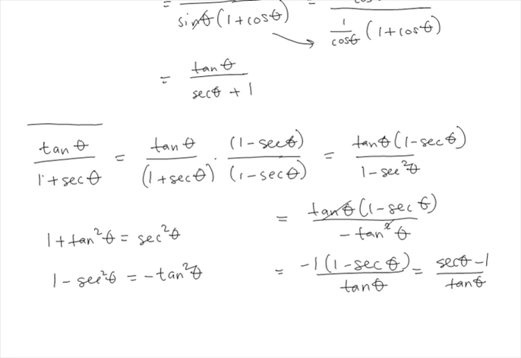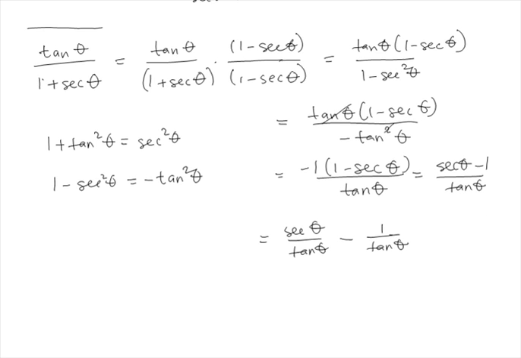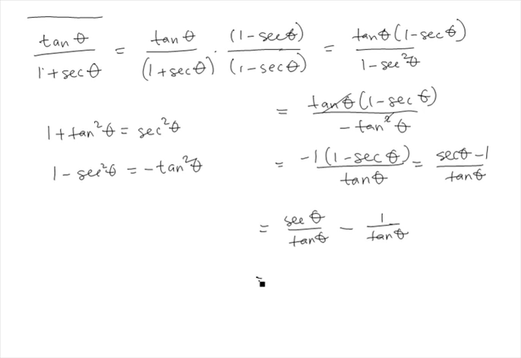We get secant theta divided by tangent theta minus 1 over tangent theta. We know 1 over tangent theta is going to be our cotangent term. And then notice the secant theta over tangent theta, that's 1 over cosine divided by sine over cosine. So cosine over sine. And again, this is going to be cosine theta over sine theta.